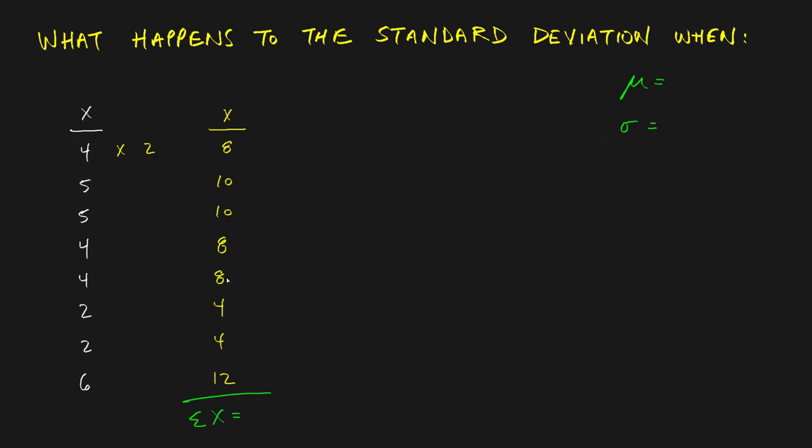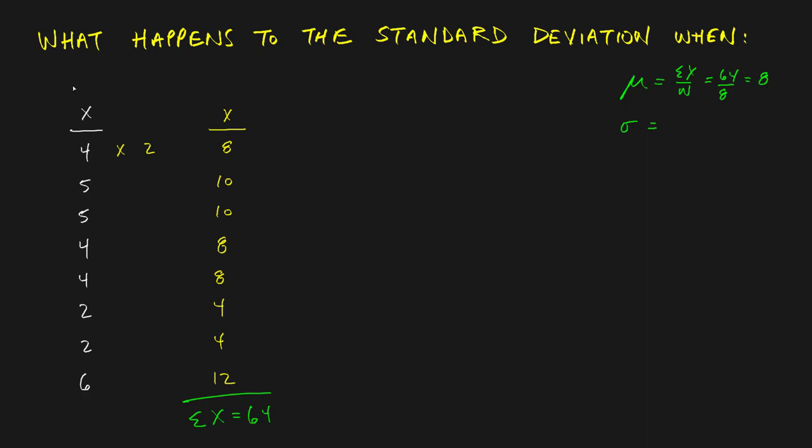And then I'm going to have 48, 64. This is going to be the sum of x over n. 64 over, we still have 8 values. And so the answer here is 8.